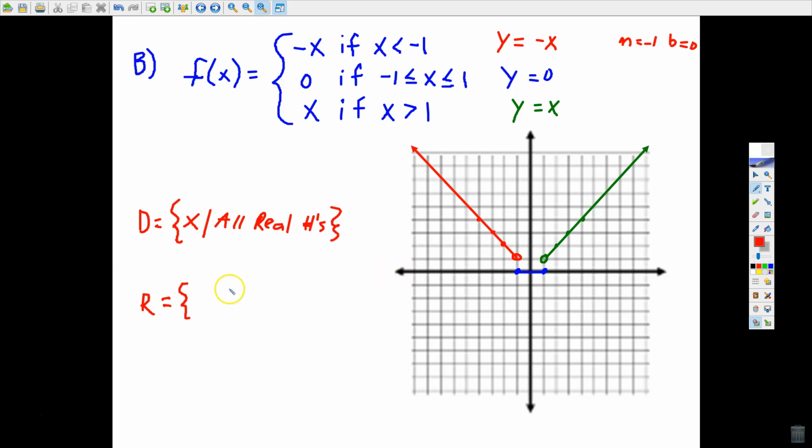Okay, well now let's take a look at the range. Now we're looking vertically, and I hope you can tell right off that we don't have any part of our graph going down this way. We have no numbers from below 0 going downward, less than 0, being involved in this graph.